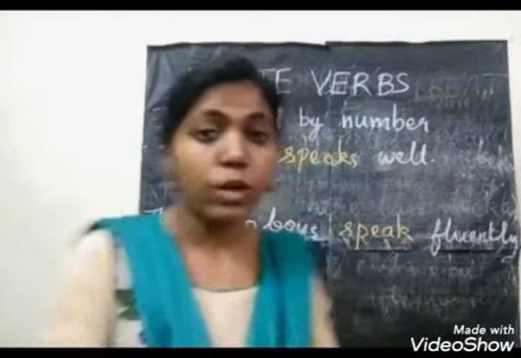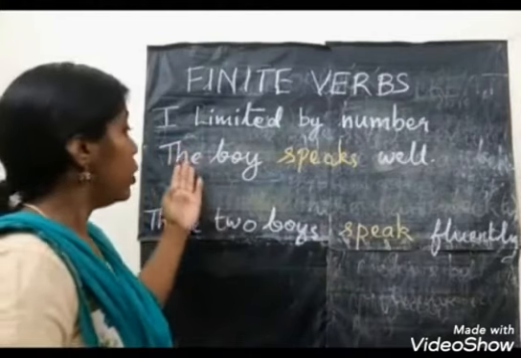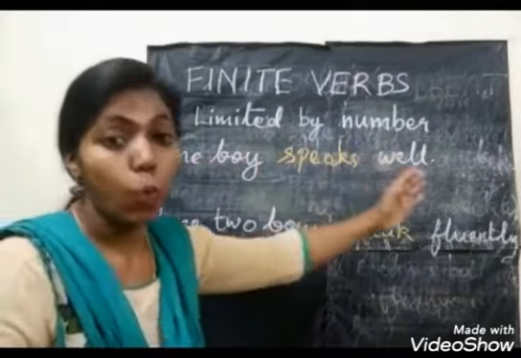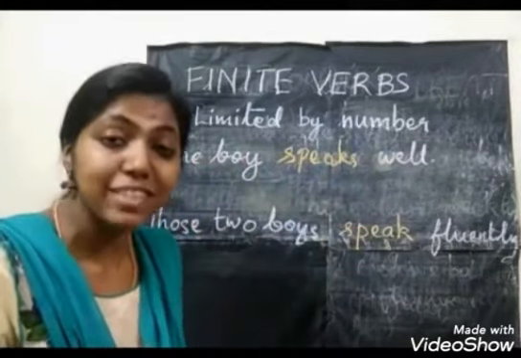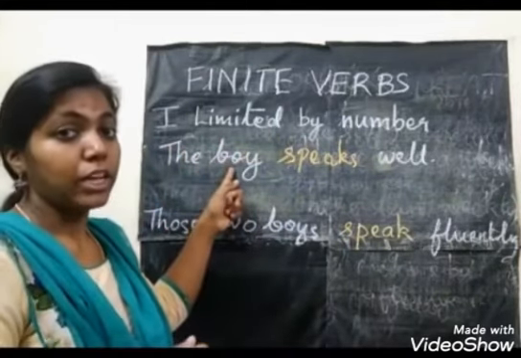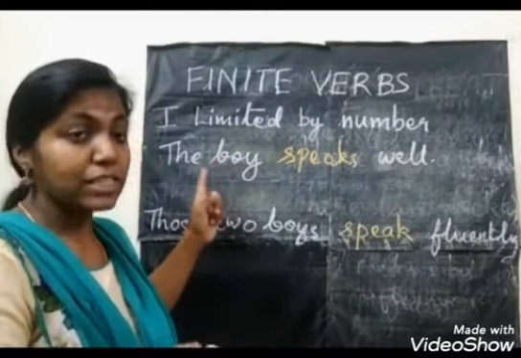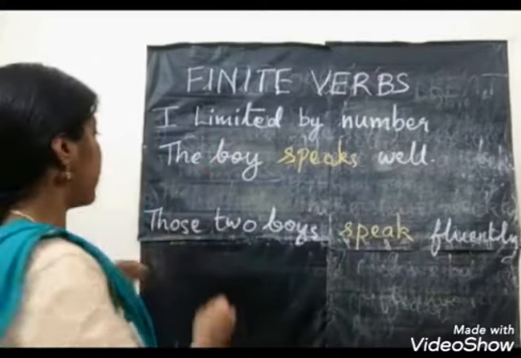Look at these sentences. The first sentence, the boy speaks well. Here, which is the subject? The boy. And can you tell the number of the subject? Yes, it is singular.